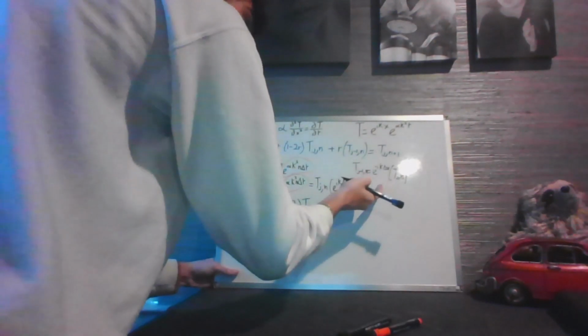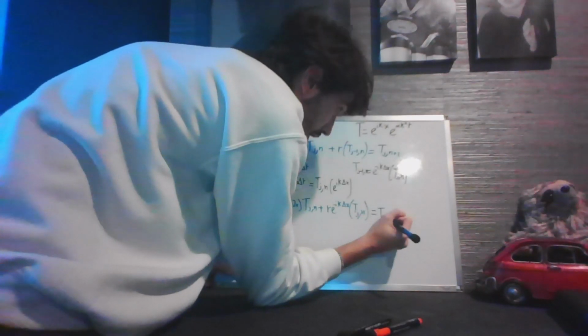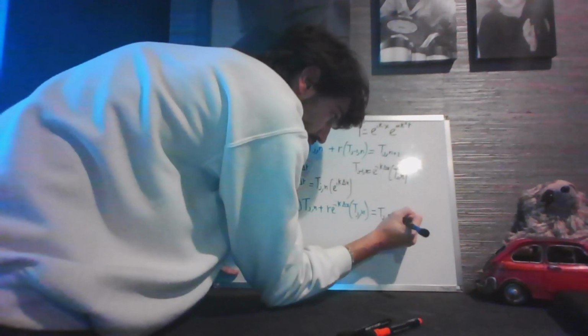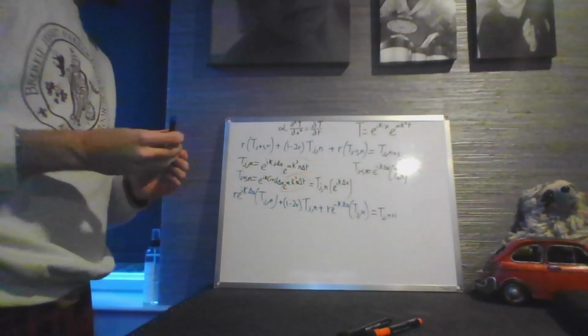So now 1 minus 2r times T^n, and then of course we're going to have this value times r on the last one. Plus r e^(negative i k delta x) multiplied by the temperature, and then of course is equal to the temperature at that point at the following time increment. Alright, n plus 1. Beautiful.